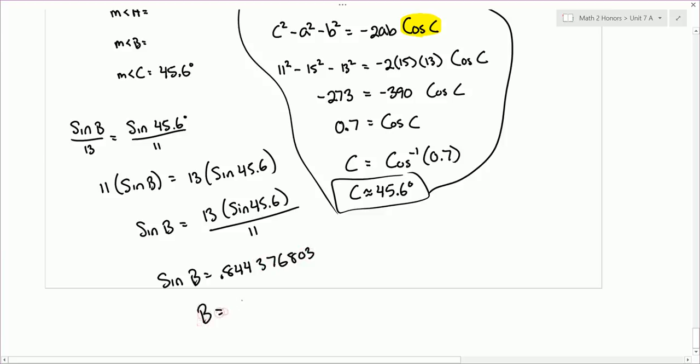So B is the inverse sine of this number, which is approximately 57.6 degrees.